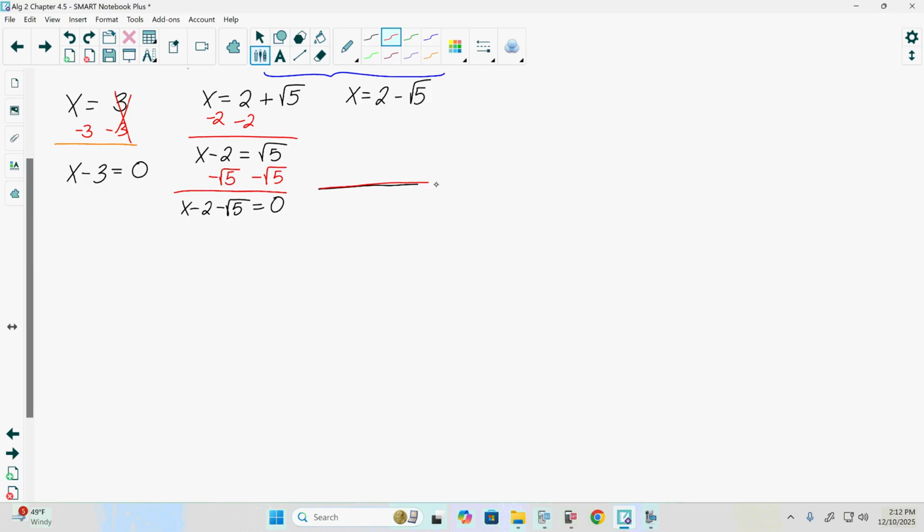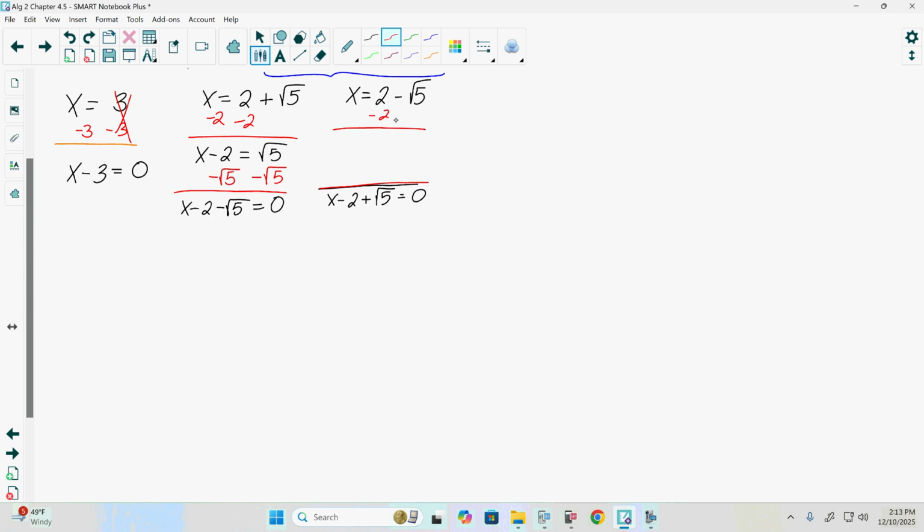Do you all have a guess of what the other one's going to be? x minus 2 plus the square root of 5, because the only difference between the two is the sign in front of the radical.